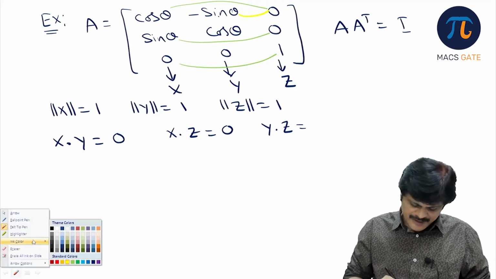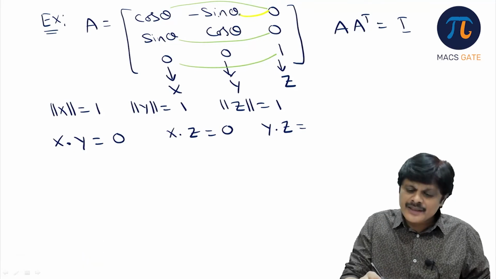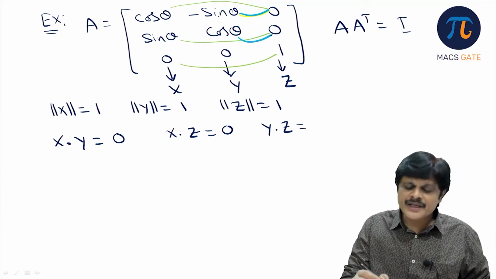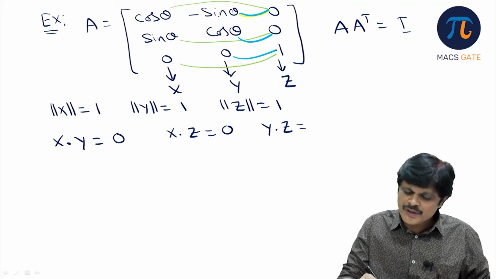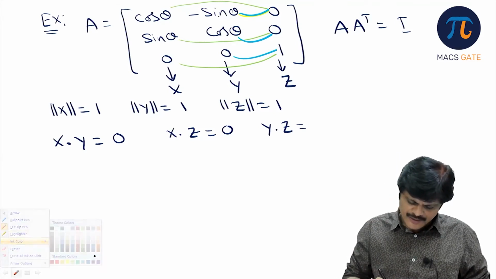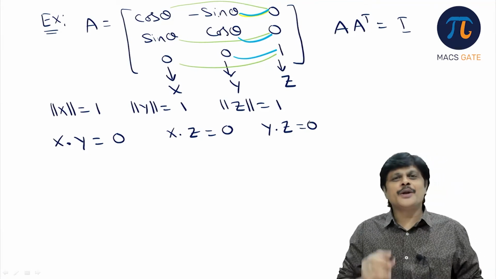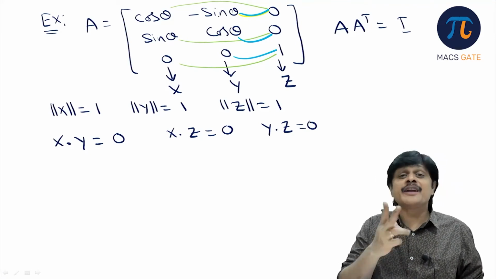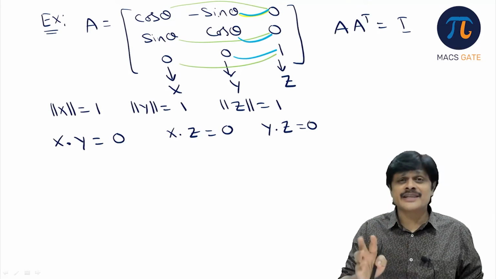It's not visible, let us use another color. Minus sin theta into 0, 0. Cos theta into 0, 0. 0 into 1, 0. So y dot z is also 0. Now all three are satisfying this condition. You need to take every two vectors, not just two vectors, and satisfy.